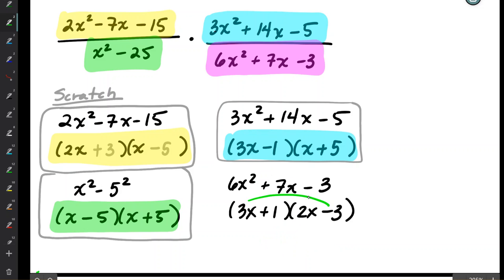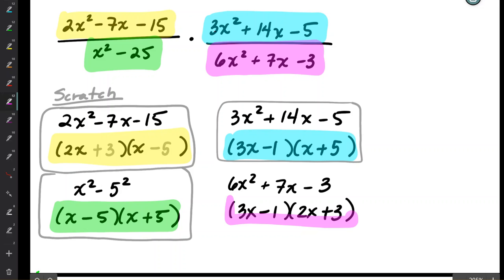So in fact, I know it's a 3x minus 1 times a 2x plus 3. Pink is pink. Yeah? 3 times 2 gives me my 6x squared. 3 times 3 gives me 9x. Minus 2x is positive 7x. And minus 1 times 3 is minus 3.